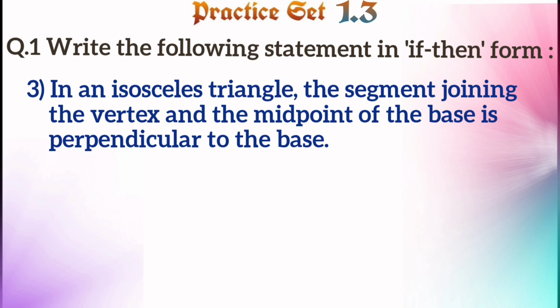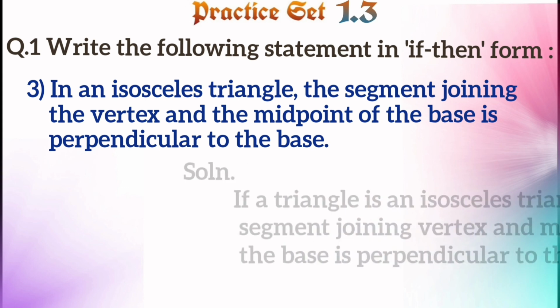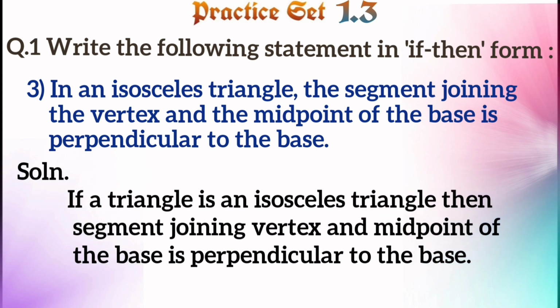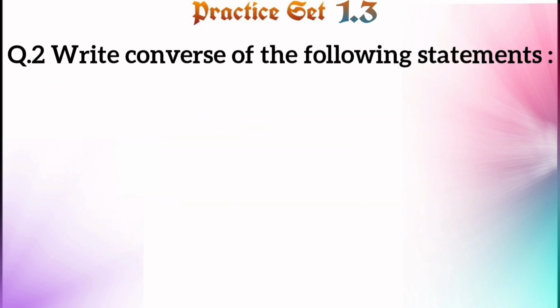Converting this into if-then form: if a triangle is an isosceles triangle, then the segment joining the vertex and the midpoint of the base is perpendicular to the base.